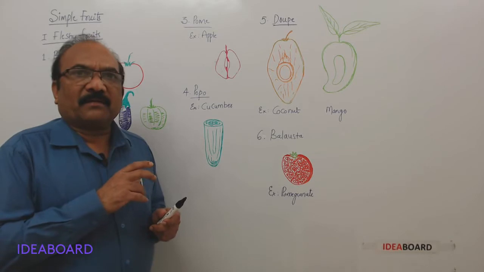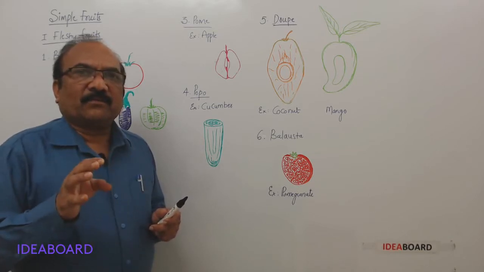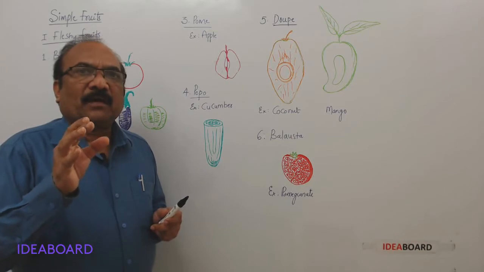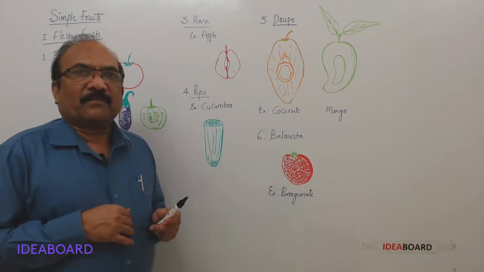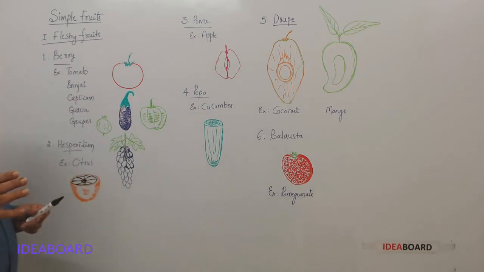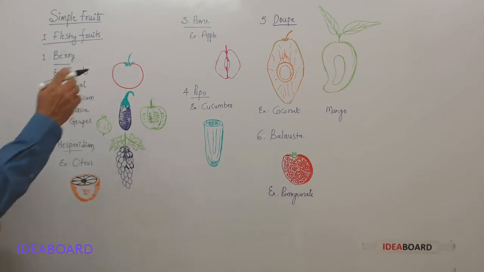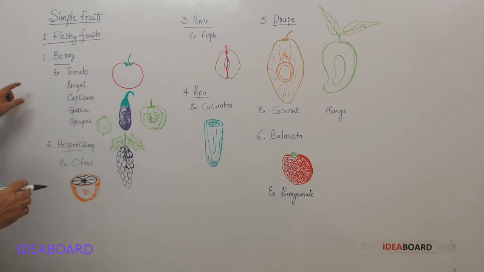The pericarp in the fleshy fruits can be differentiated into epi, meso, and endocarps, and the nature of these three layers will be different. Based on that, they are further classified into six types: berry, hesperidium, pome, pepo, drupe, and balausta.